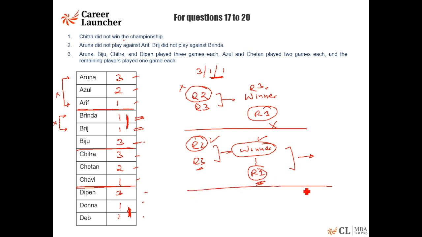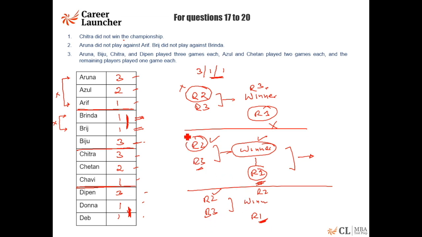Any other situation possible? Yes, let's say rank 2, rank 3, and there's a winner, and rank 1. Now, again, wins here, rank 2 comes here. If this person loses, what would happen? Again 1-1.